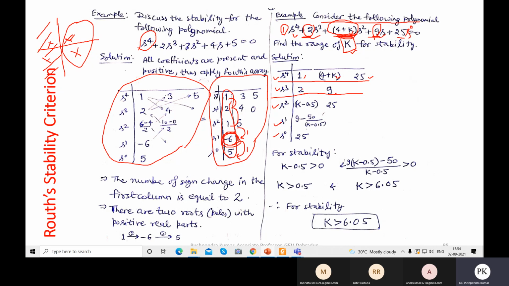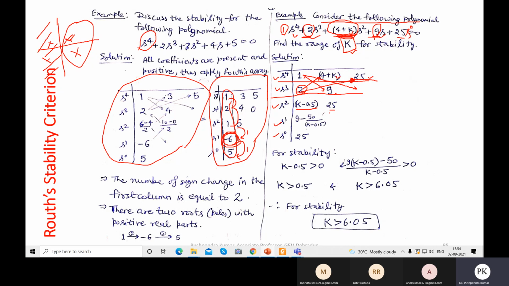Third row, what do you do? 2 multiplied by this, minus 1 multiplied by 9, divided by 2. So this will be equal to this one. Now for the second column, the second term: 2 multiplied by 25 is 50, minus 1 multiplied by 0, which is 0, divided by 2.